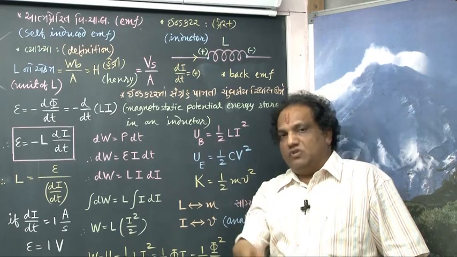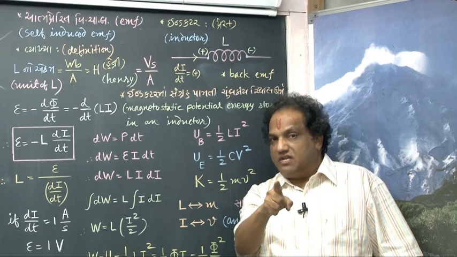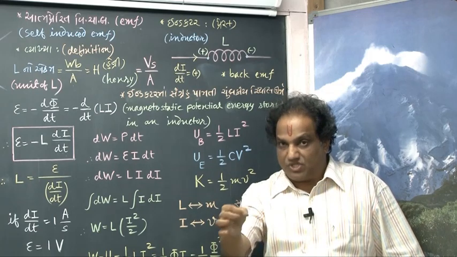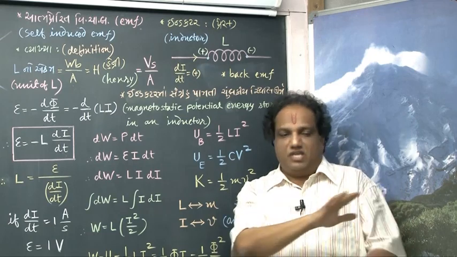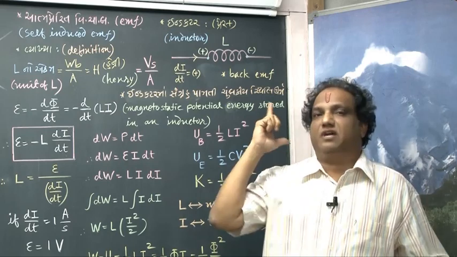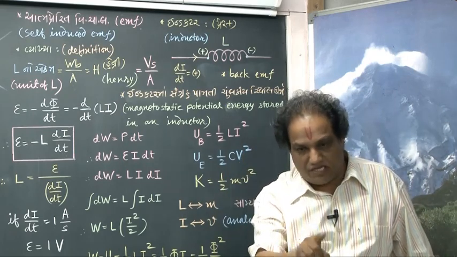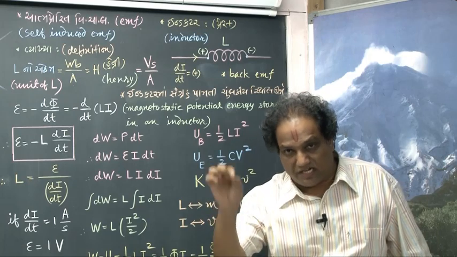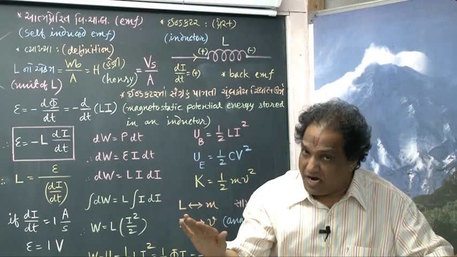So remember, what is the job of an inductor? Do you know? The job of a resistor is to simply oppose the electric current. But the job of an inductor is not to oppose the current, but to oppose the change in current. Please note it very carefully. Resistor simply opposes electric current, but inductor does not oppose the current.